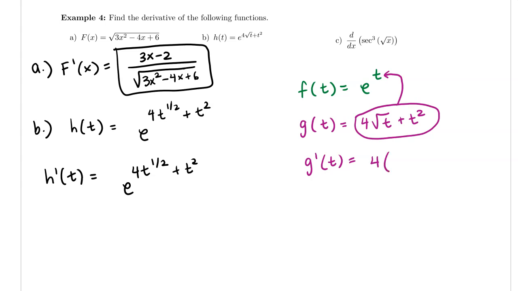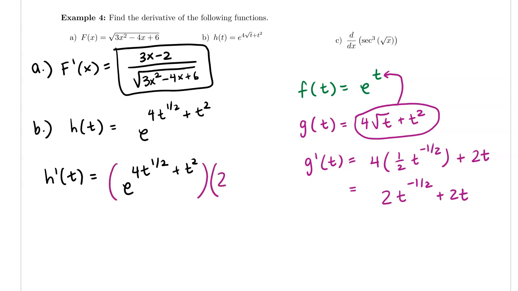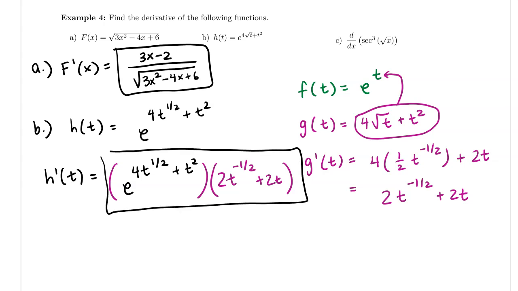That's 4 times 1/2 t to the negative 1/2 power, plus if I use power rule again, that will give me 2t. That's the same thing as 2t to the negative 1/2 power plus 2t. So I'm going to take this and now multiply it with 2t to the negative 1/2 plus 2t. And there is our answer for h prime of t.